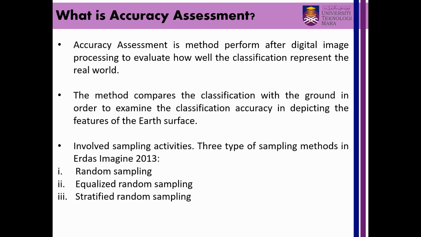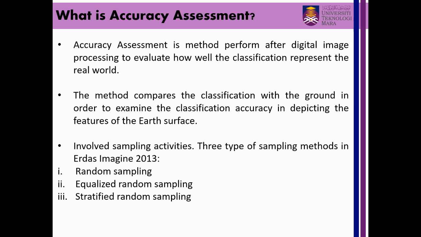The method compares the classification, which is your classification image from the classification process, with the ground in order to examine the classification accuracy in depicting the features of the Earth's surface.